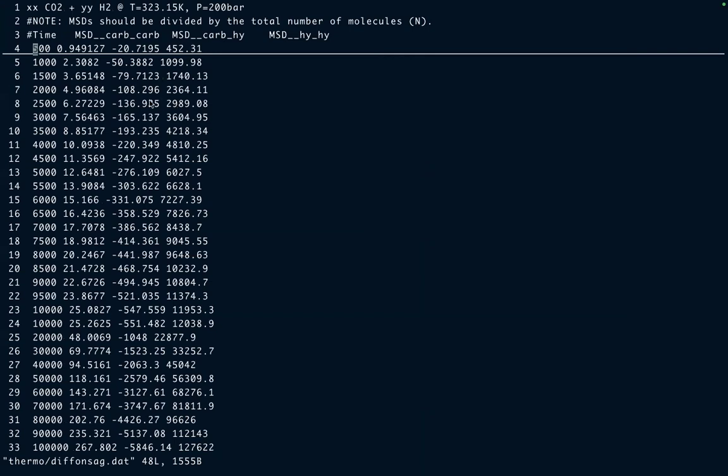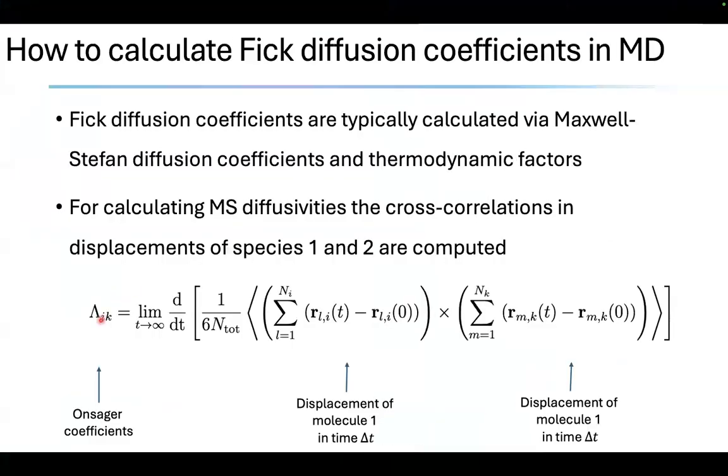The resulting slope can then be extracted to give you lambda HC. And this happens usually in the long time limit and hence is given the terminology limit t tending to infinity. And the d by dt tells you the slope.